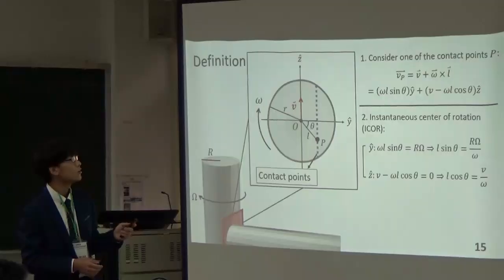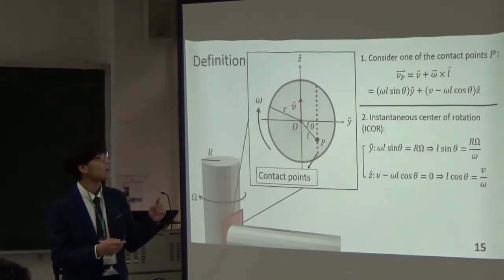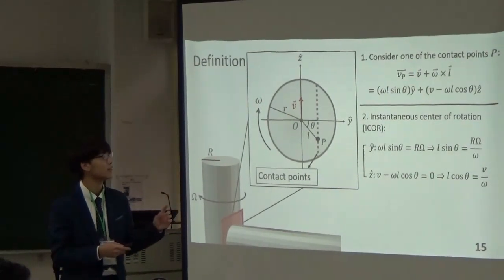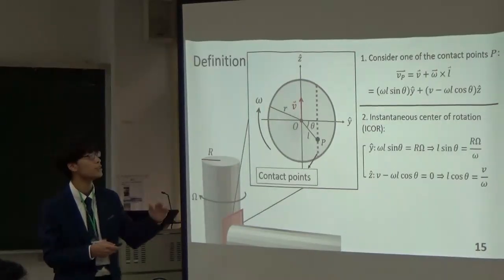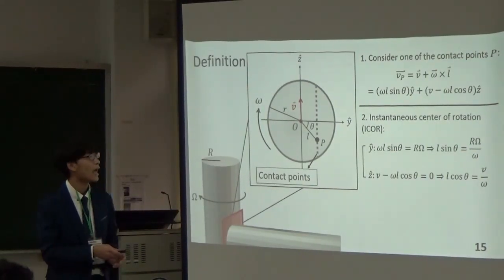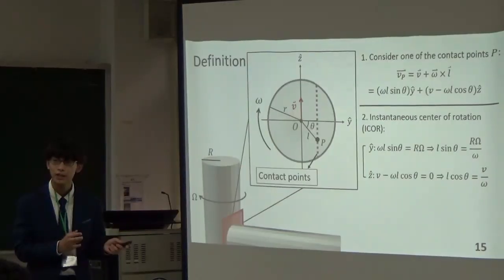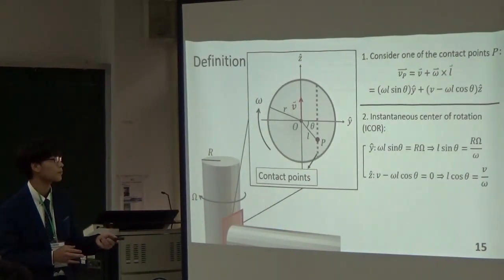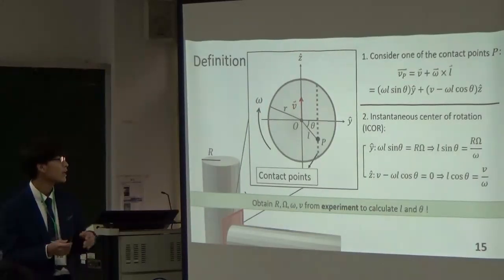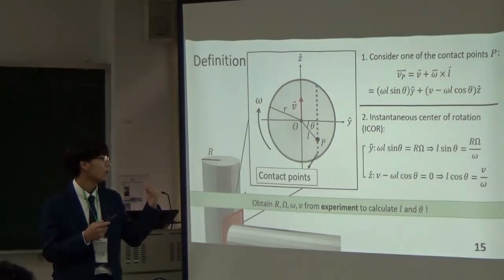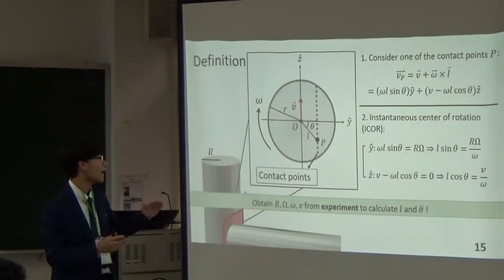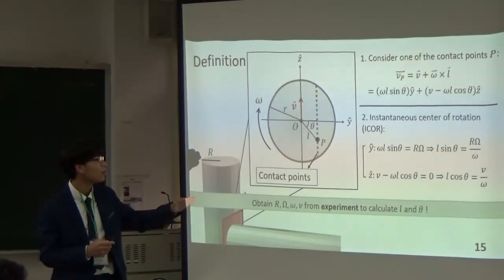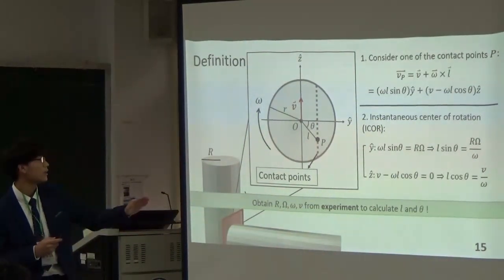We can also assume that for the contact point P, there's an instantaneous center of rotation, ICR, in one of the contact points. The instantaneous center of rotation would have to fulfill these two equations that we listed. Through experiments, we can obtain the radius, the capital omega, lowercase omega, and the velocity.